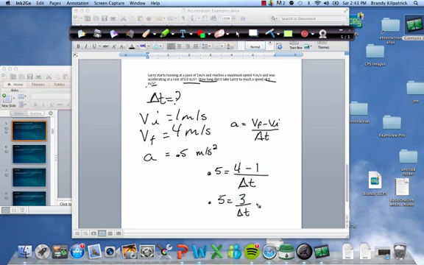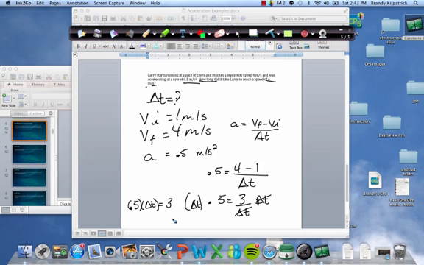Whenever I see a fraction like this, I like to get rid of it. Since delta t is in the bottom here, I'm going to multiply both sides by delta t. When I do that, this becomes 0.5 times delta t is equal to 3.